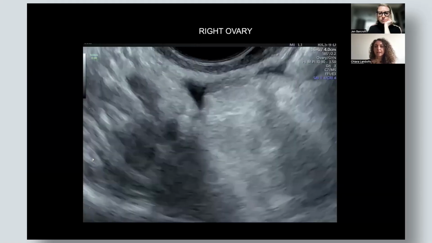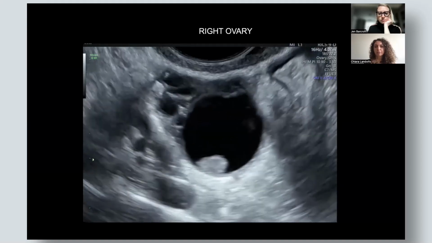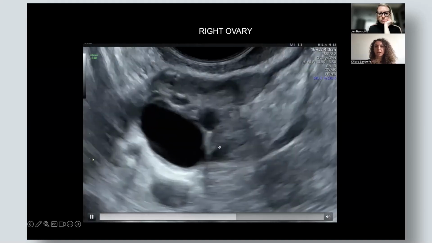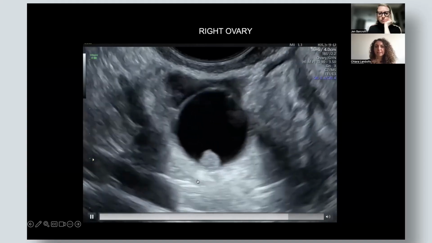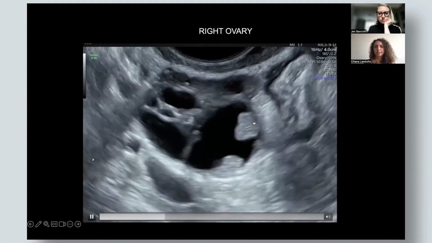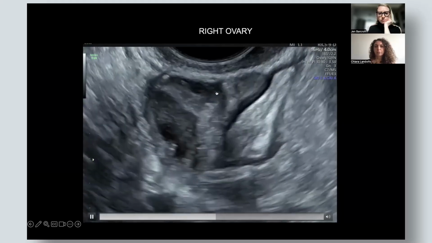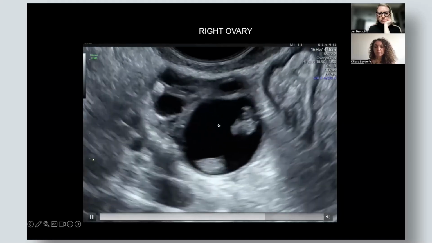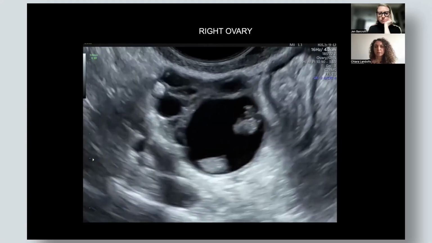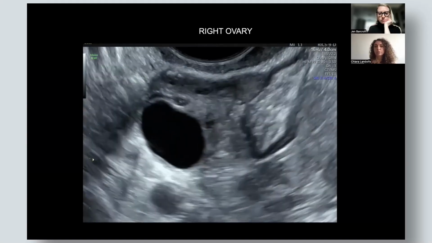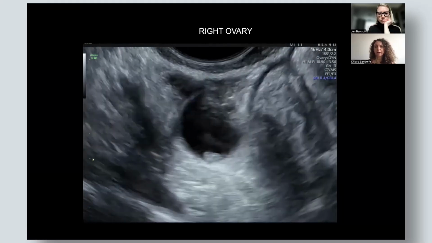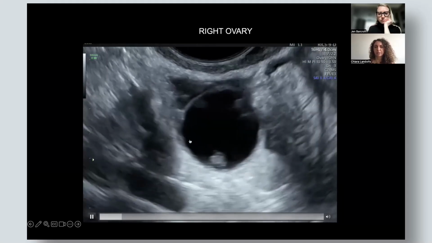You can see that there can be some shadows coming from the septa, and here you can look at the video. So we can identify still some healthy ovarian tissue around. We can see the papillations, we can see the content. It is a multilocular solid cyst with irregular walls by definition because there are papillations, and some shadows coming very, very thin coming from the septa.